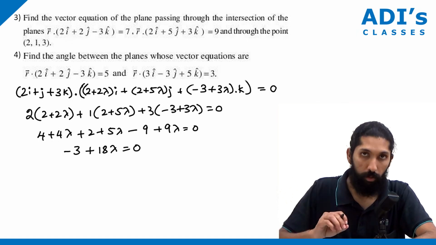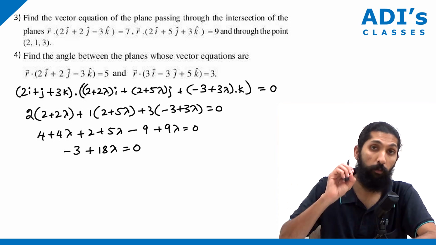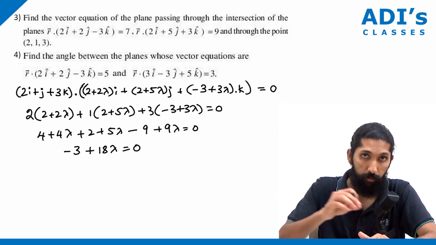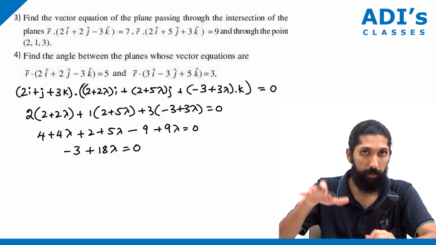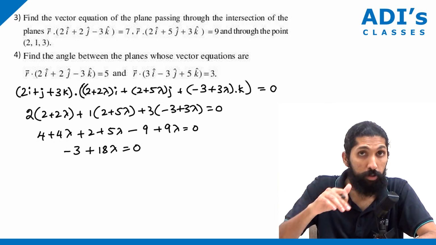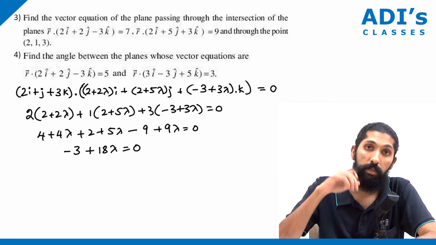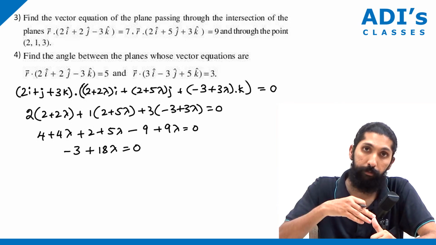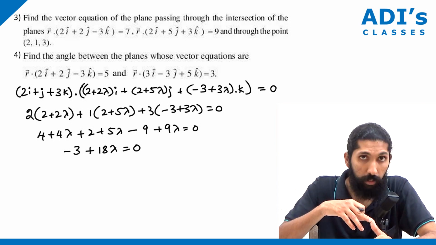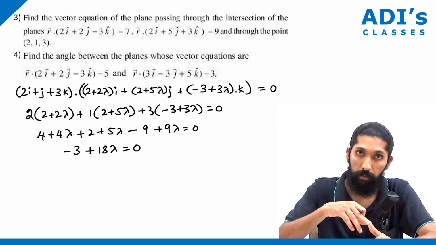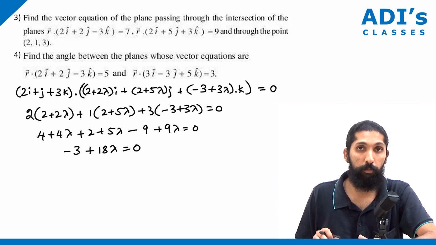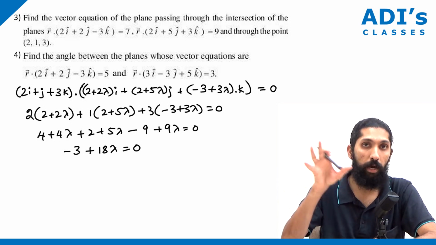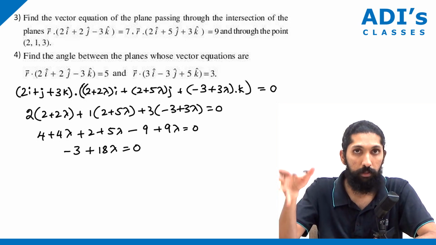Once we do this, we have one more parameter to add, which I have not written, but that will also come into play. That is d1 plus lambda into d2. Did we count that? We have not counted it here, but at the end of this problem we also have to count that. Remember in the RHS we had 7 plus 9 lambda? Take it to LHS.